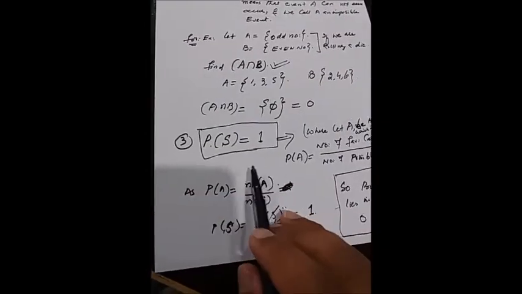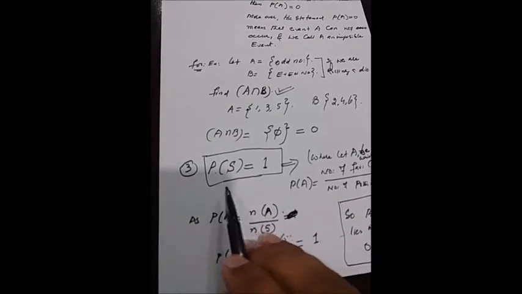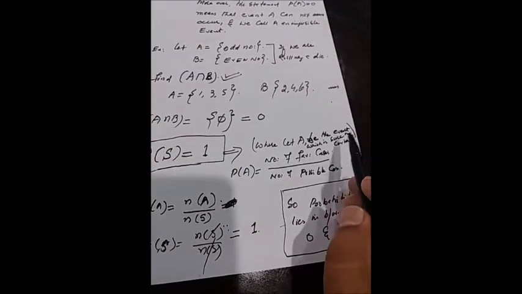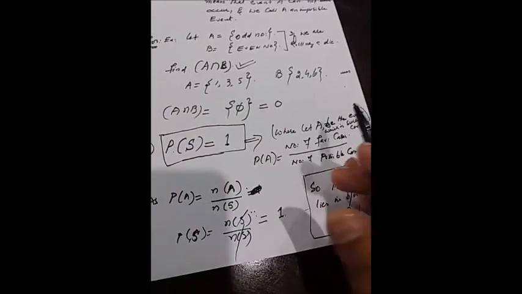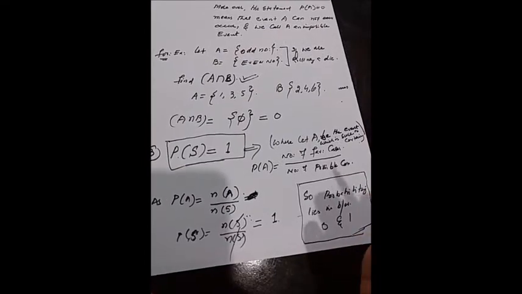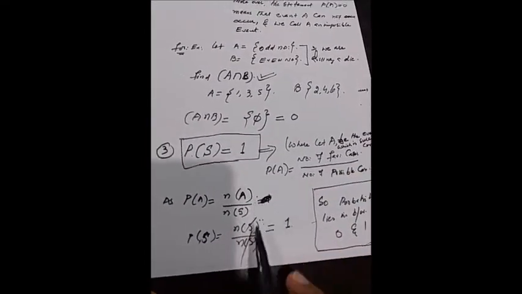And the third property of the probability of an event is that the probability of sample space S is equal to 1, where let A be the event which is sure or certain, meaning 100% certainty is there when we are calling any kind of event. So if 100% surety is there in any event, it means it's equal to the sample space.